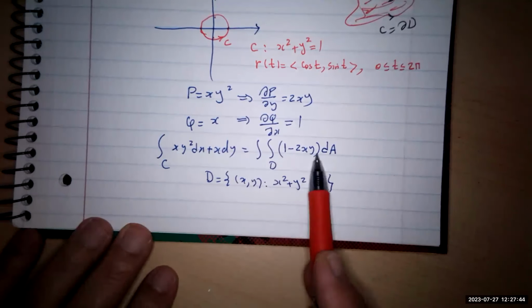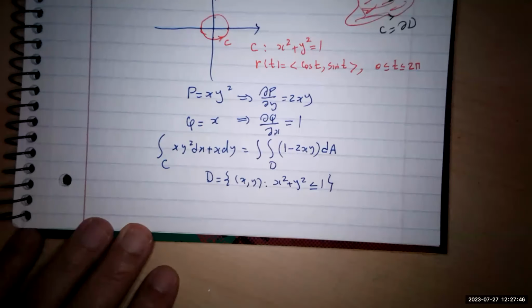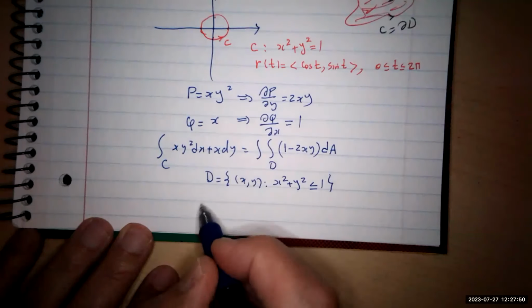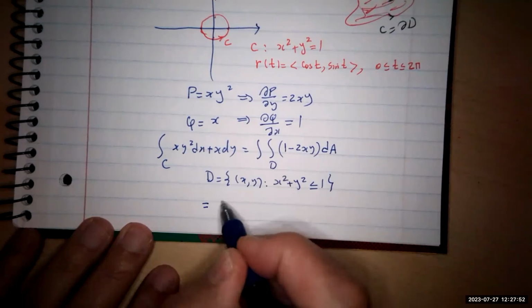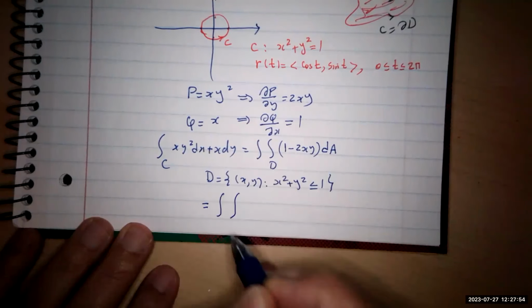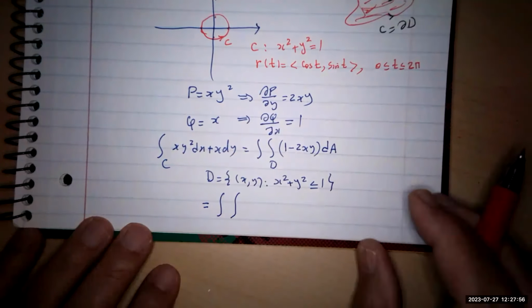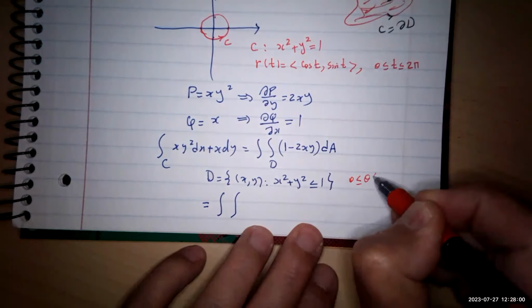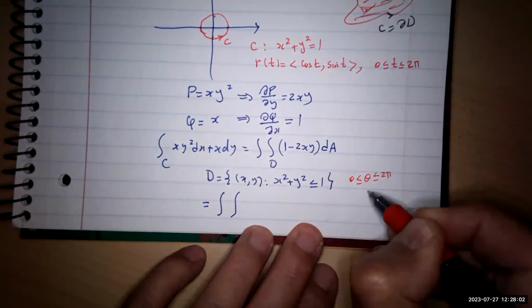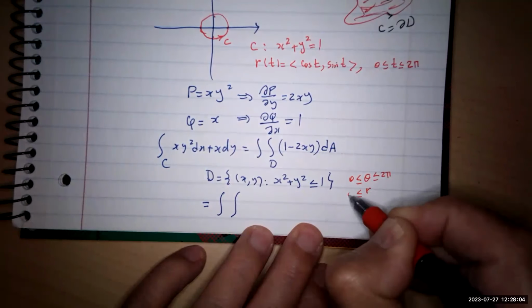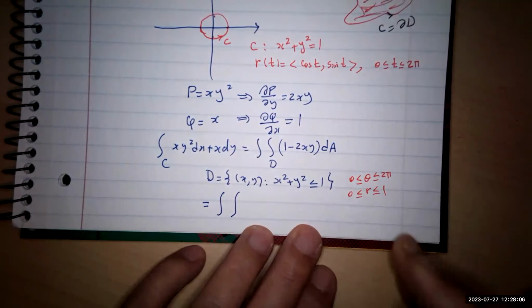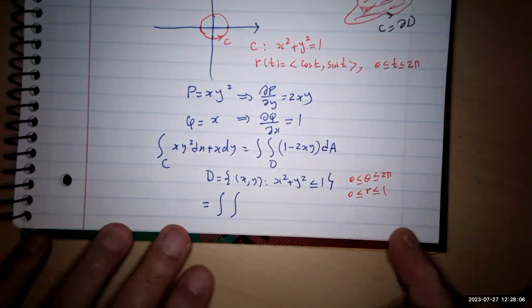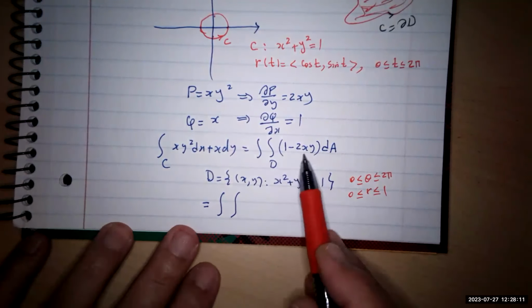So we are going to change this integral into polar form. Theta is going to be between 0 and 2 pi, and the radius r is 1. So change everything into polar form.